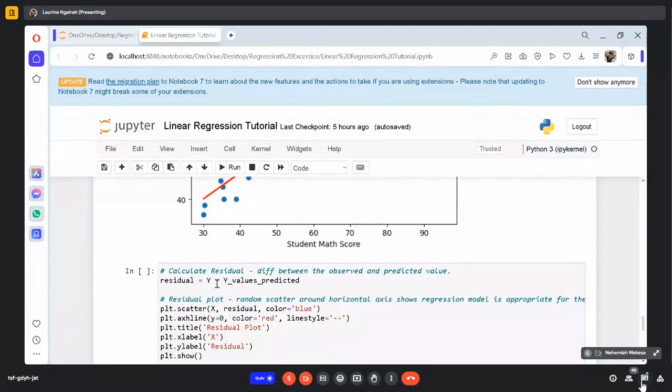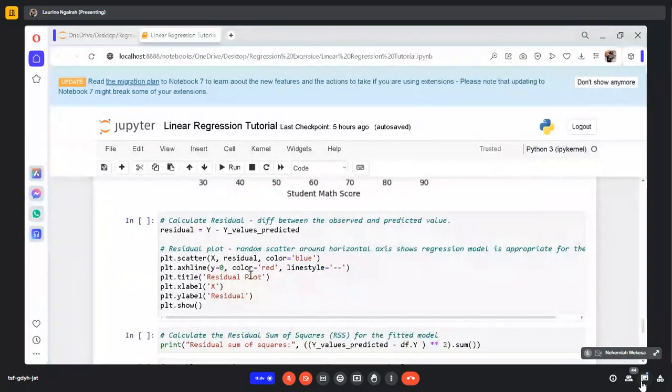You can see the formula here, which is y minus our predicted values. And here I just tried to plot the residual values to see.